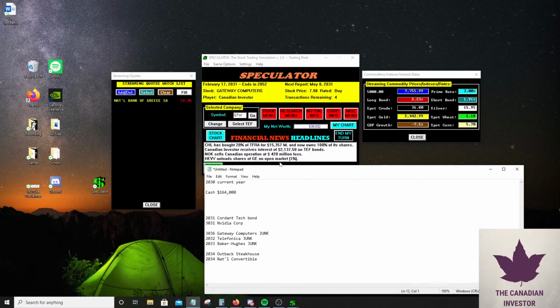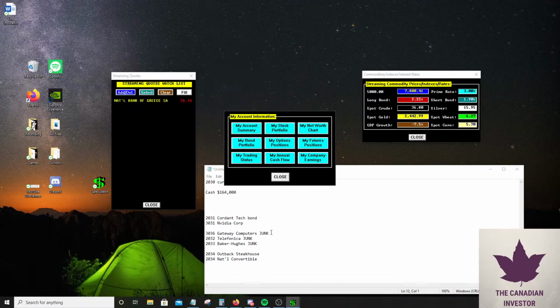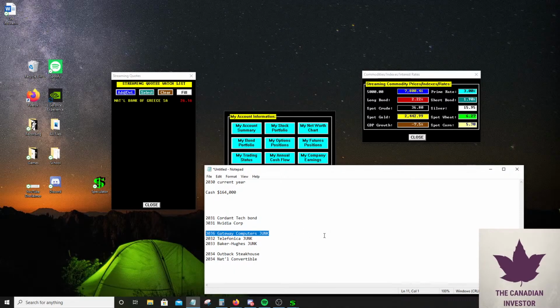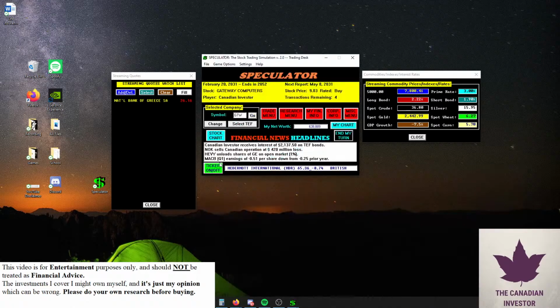Interesting. Right? Big Gateway. So I'm guessing they renegotiated their terms on the loan. So in that case, I think they should be more likely to pay me back. Who knows?